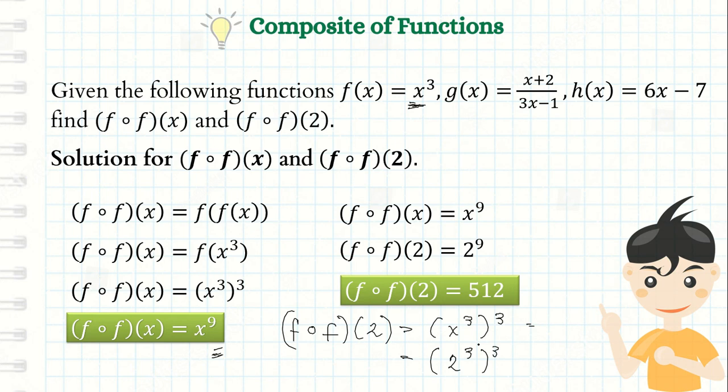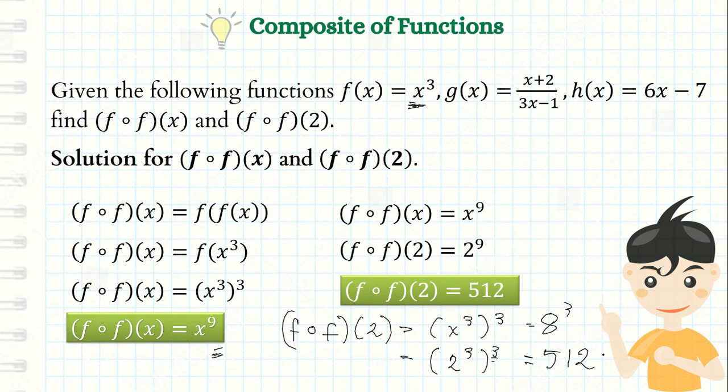So 2 times 2 equals 4, times 2 is equal to 8. This time, we use the other 3 outside, and with your calculator, the answer is 512. So those are the two ways: one where we first find f of f of x, and the other, if x already has a value in the given, you go straight through. That's okay.